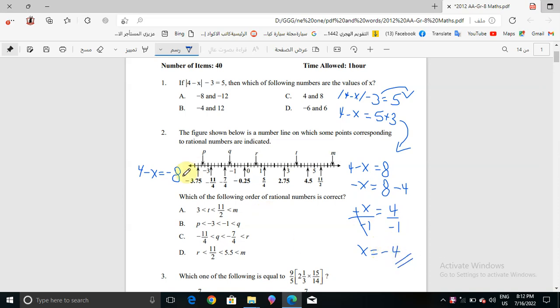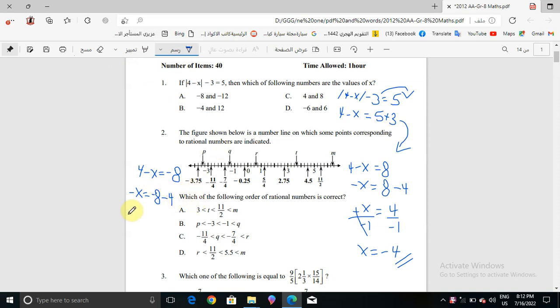Okay, now in the second equation, what we have is 4 minus x is equal to negative 8, right? Now what we'll do here, negative x is equal to negative 8 minus 4.